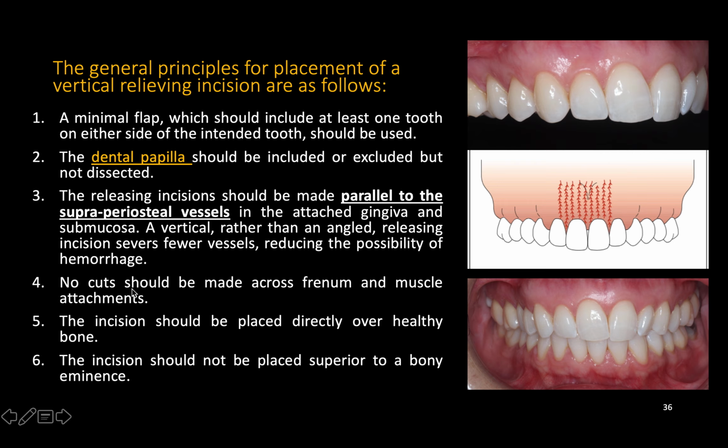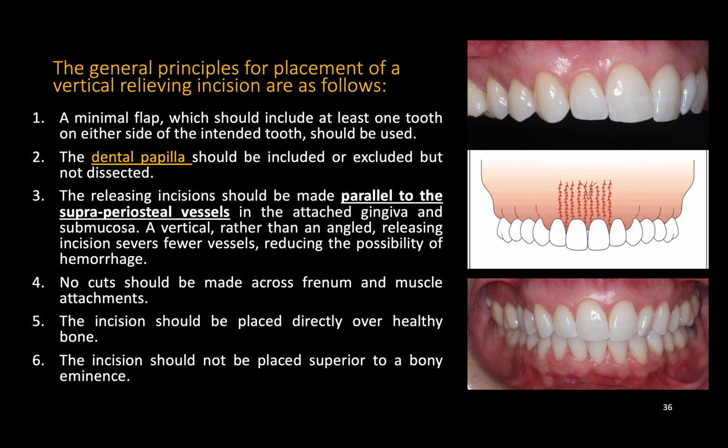Also, we should not place any incisions across a frenum or muscle attachments, because this will affect the healing of the muscles, which will heal with scar, and this will affect the mobility of the soft tissues. So your patient will come back telling you that they feel their lips are not moving as they used to before the surgery, or they have a funny feeling just around the frenum or muscle attachment.